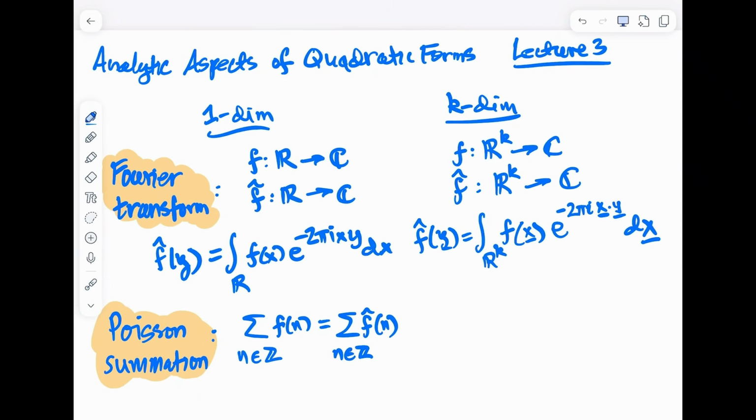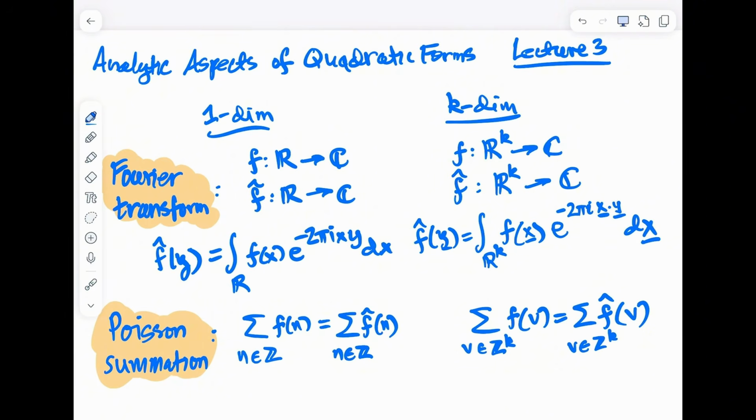And in higher dimensions, if you sum, let's use v for our vector variable in Z^k, f of v, it's the same as the sum of the Fourier transform over Z^k. So it looks exactly the same.